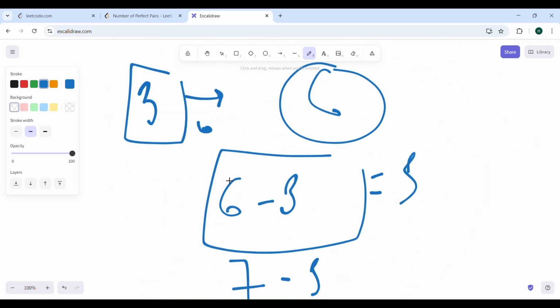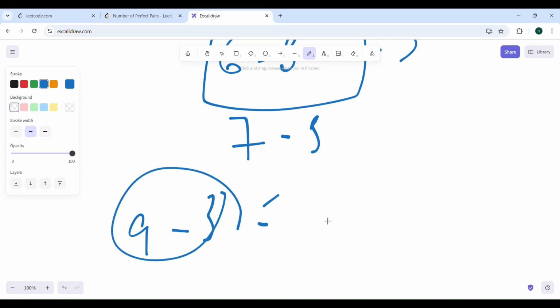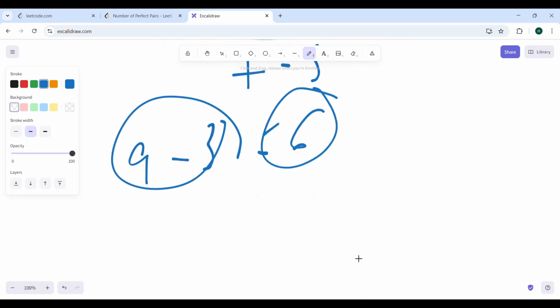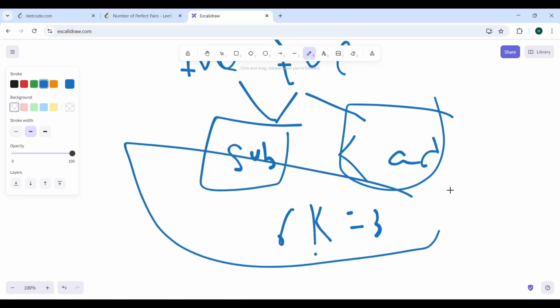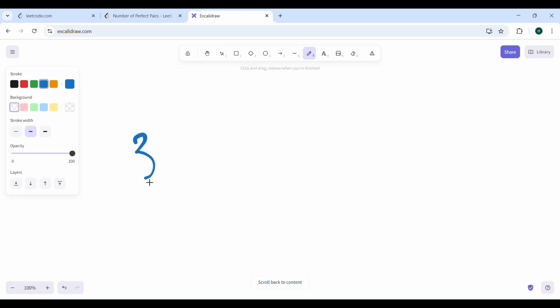Let's say you took 9, so 9 minus 3 will be 6, the minimum you can have from the 9 and 3 pair, and that is false for 3, because the minimum of these two values will be 3. So this condition will fail. So for 3 you can take 4, 5, 6, but not 7.